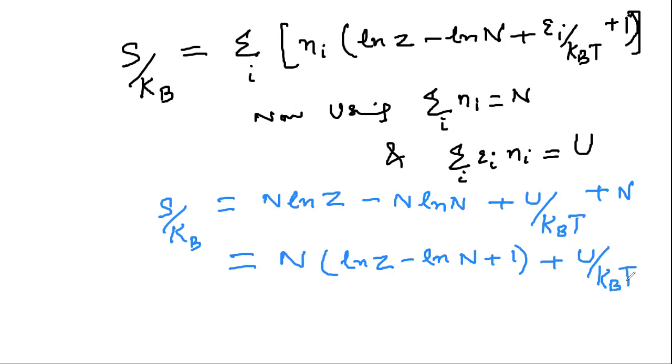N times ln Z minus ln N plus 1 plus U by KBT. Therefore, we have obtained the expression for S. We will take this KB to right hand side. Let me write that on another page in another color.